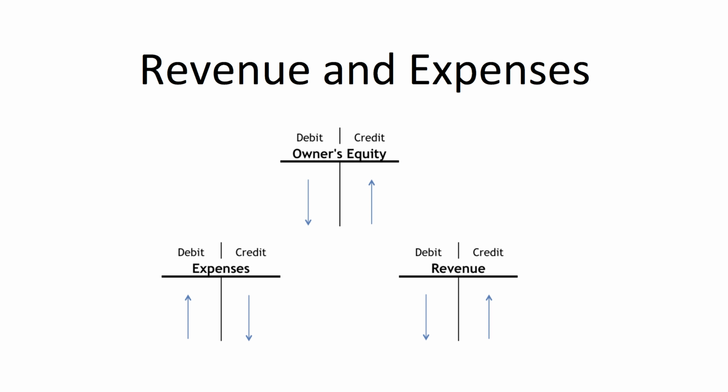And so you can see that revenue behaves the same as equity. Conversely, then, expenses are an owner's enemy, and so you can see that the expenses are the opposite of the owner's equity. And so those are two tricks for how to think about revenue and expenses.